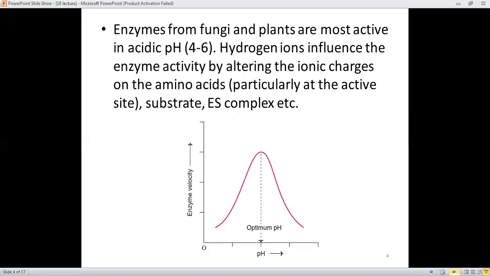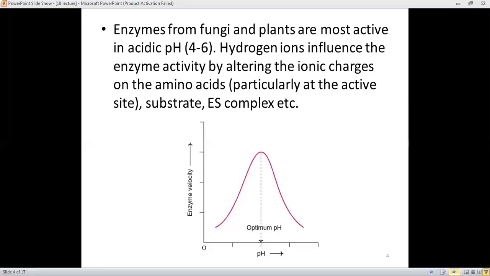At many points, there may be protonation of the amino group in the form of NH3 positive, and the carboxylic acid group COOH may lose its proton to give COO negative, and therefore these amino acids are very sensitive towards the hydrogen ion concentration, and therefore there is a change in the ionic charge magnitude on the amino acids, and particularly the amino acid sequences like serine and their sequences on the active site of the enzyme, and on the substrate and enzyme substrate complex as well.